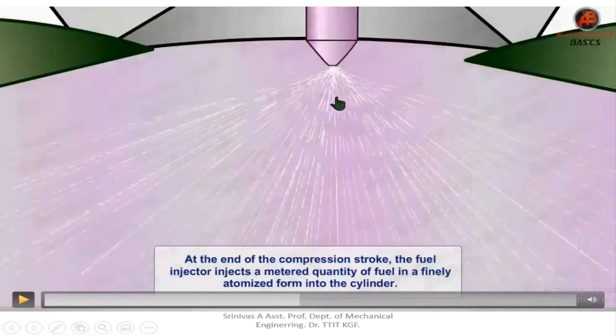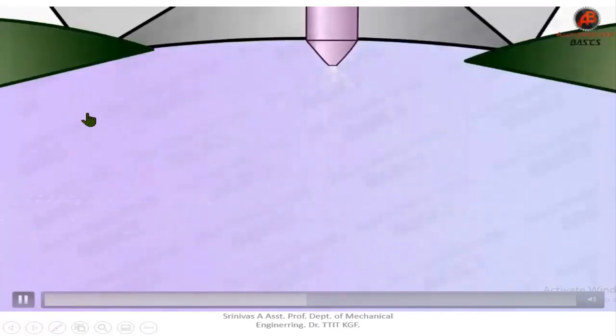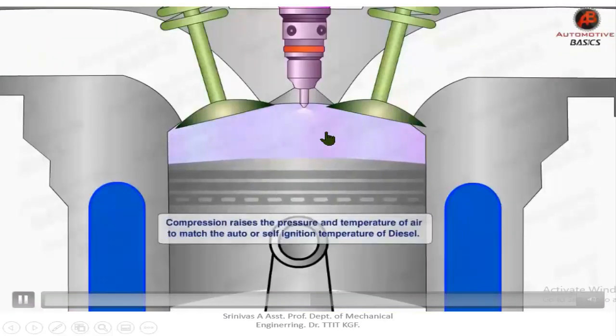The fuel is supplied at high pressure through the nozzle. All the fuel enters atomized, that is, in small droplets. That is the atomization process. Because of atomization, the fuel becomes small droplets and enters the entire cylinder, that is, the clearance volume.